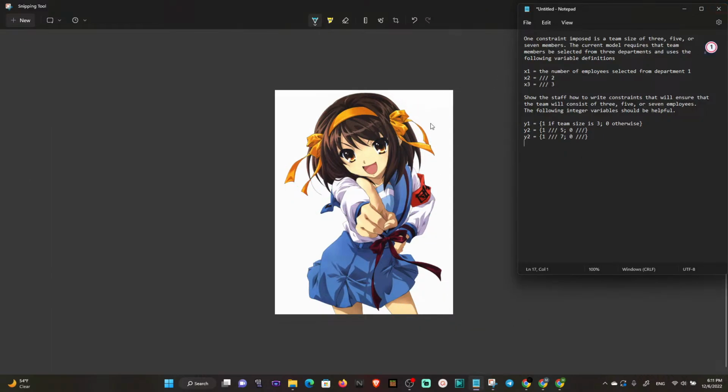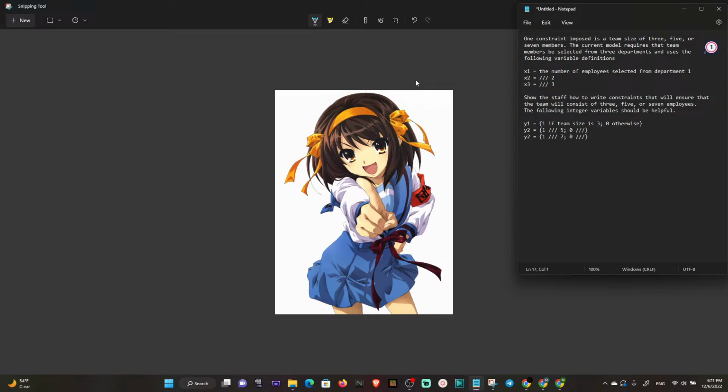Okay, you see this? Can you guys read this? One constraint imposed is a team size of 3, 5, or 7 members. The current model requires that team members be selected from 3 departments and uses the following variable definitions. X1 is the number of employees selected from Department 1. X2 is the number of employees selected from Department 2. X3 is from Department 3.